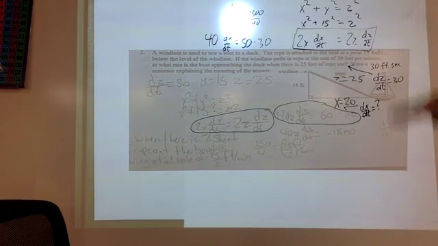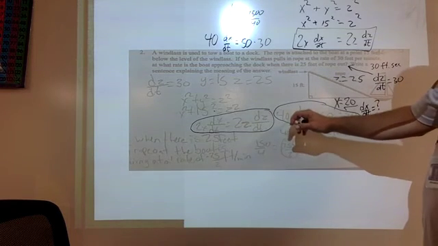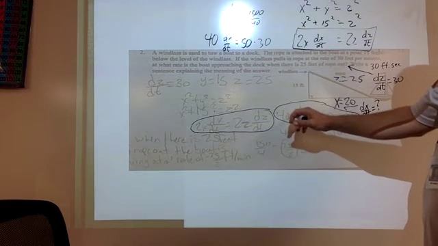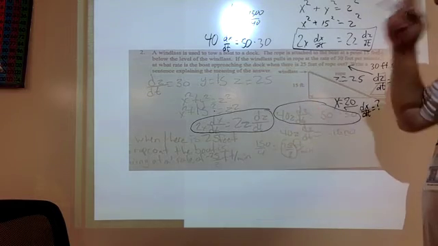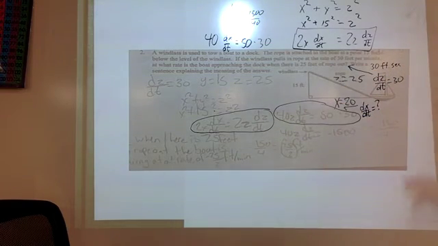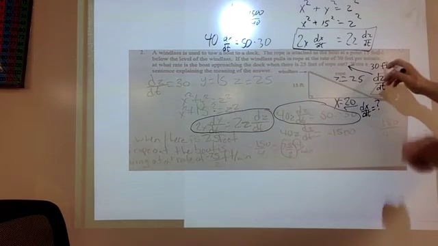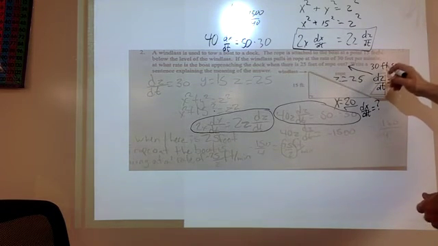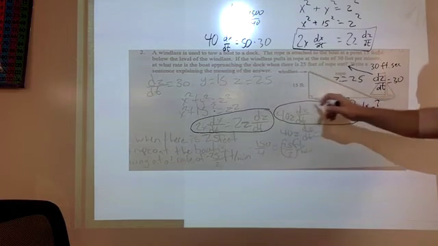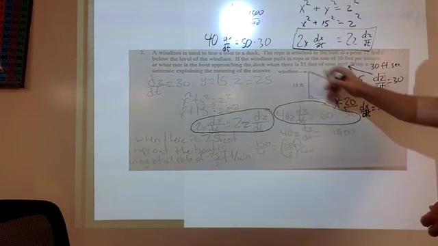The only problem I can see here, which I think is a mistake, is that they're calling this dz over dt instead of dx over dt. So maybe I'm reading this wrong, and maybe the 30 feet per second that they give you is actually this distance, and you're trying to solve for the dz over dt.